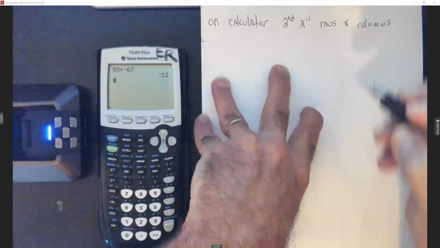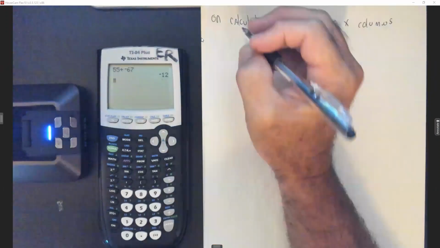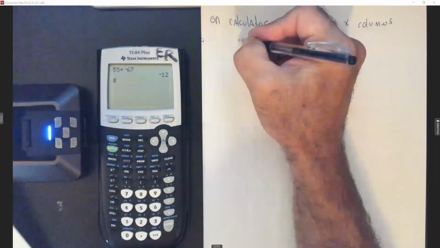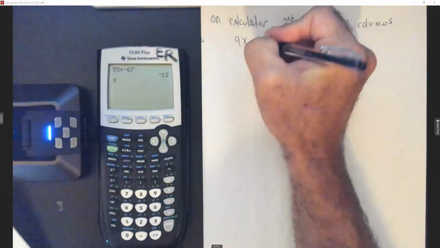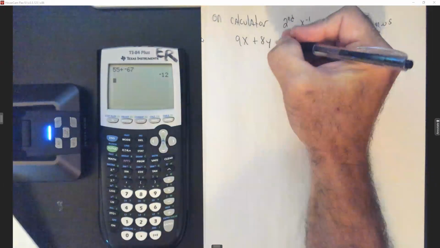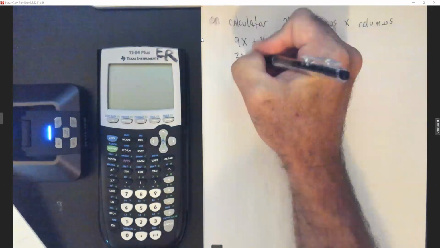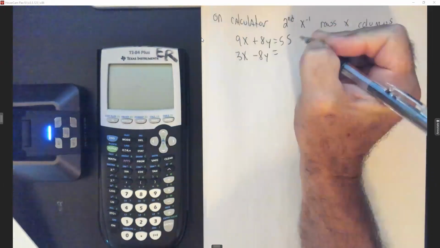Let me put my problem up here and I'll show you what we're talking about. So I had 9x plus 8y equals 55, and then I had 3x minus 8y equals -67.